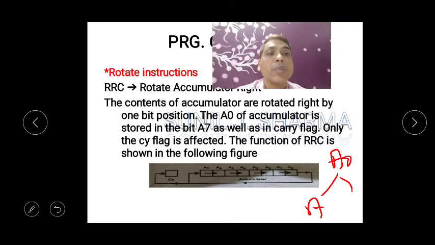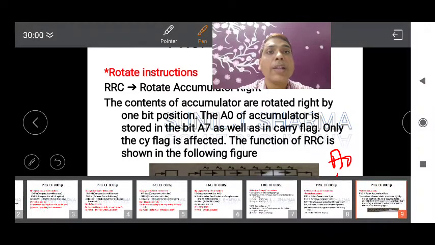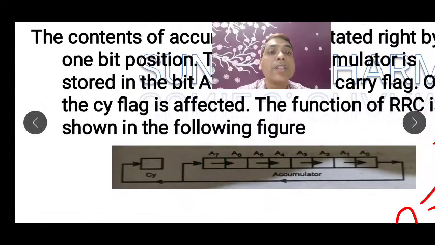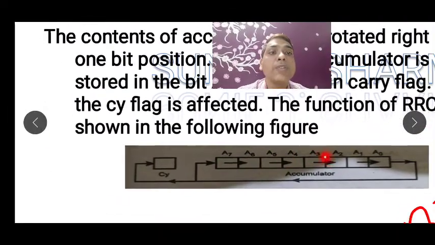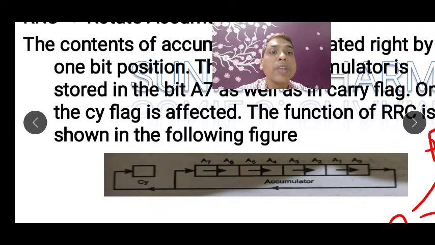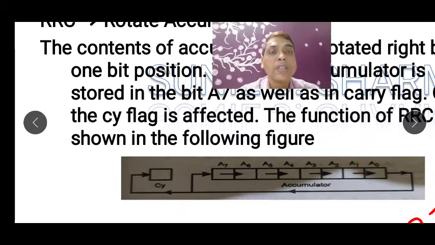Not only that, other bits are also shifted towards your right. Can you see there is an arrow sign. A7 will be given to A6, A6 will be given to A5, A4, like that. A1 will be replacing A0. I hope you got it.